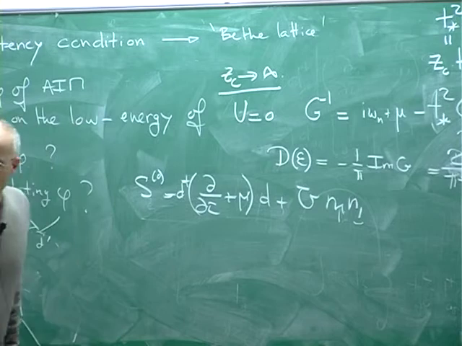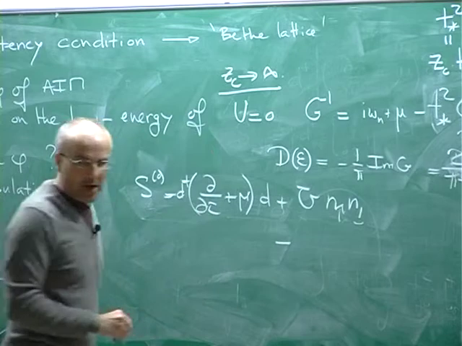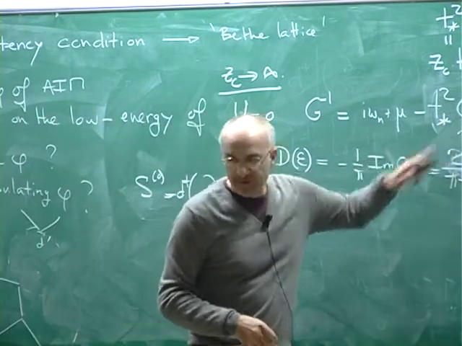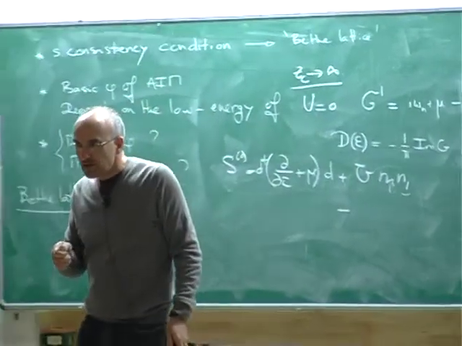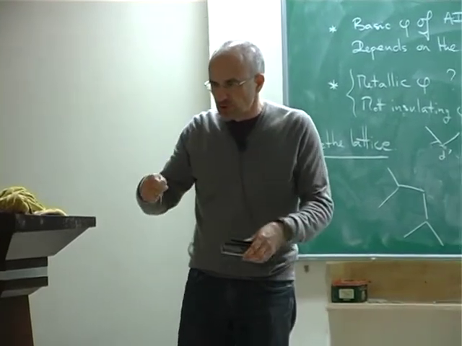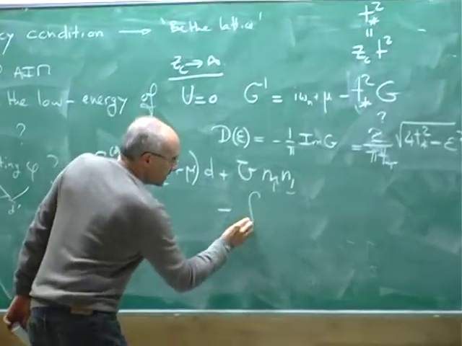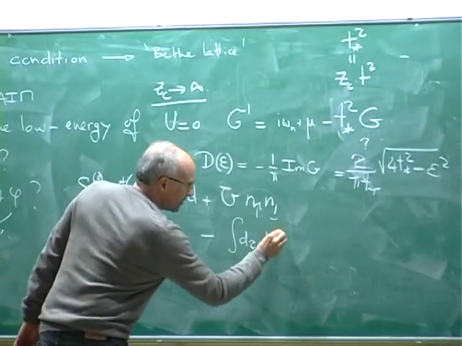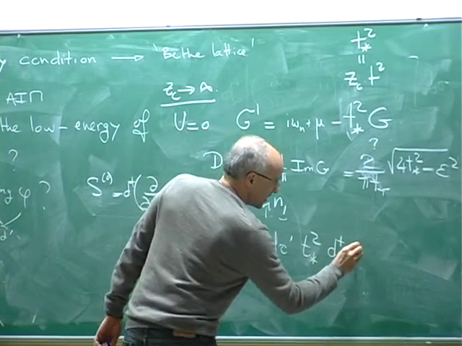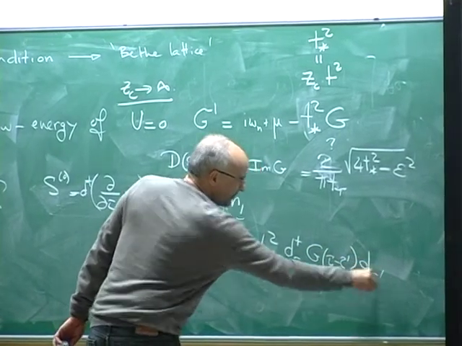And then when we integrate out the whole thing, we are going to get a first quadratic term, which will be exactly the same, now with the true interacting Green's function, because integrating out these other terms produces the generating functions of the Green's function. So we are going to get here the integral d tau prime, t star squared, d dagger tau, G of tau minus tau prime, the full interacting Green's function, d tau prime.